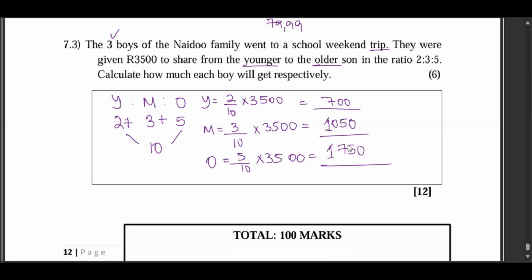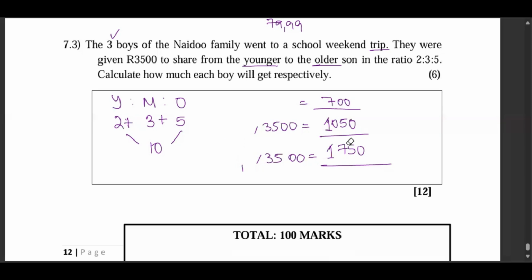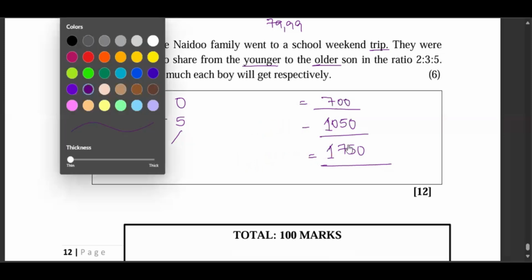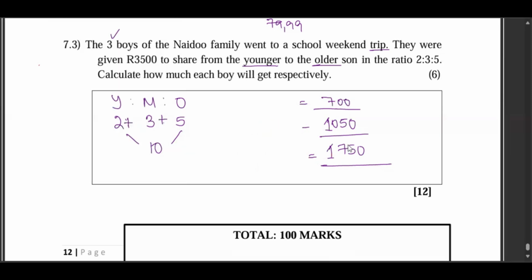Another method would have been, we get the total unit ratio. This is method 2. So we get the money that they are going to share and divide it by the total ratio.